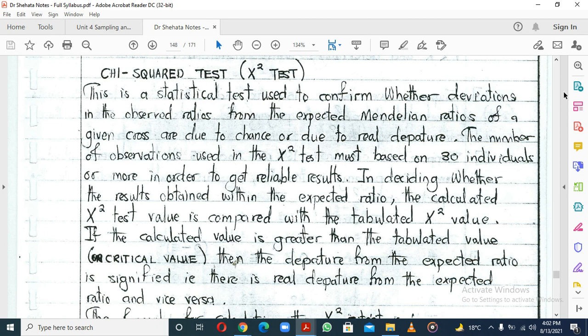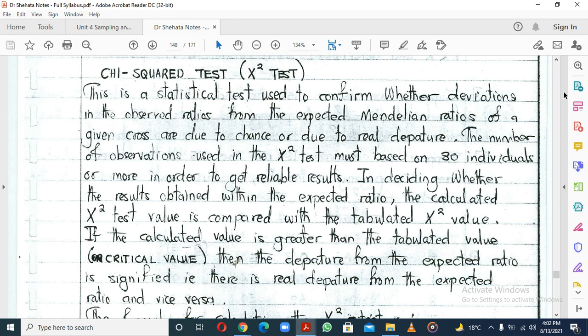So when we try to replicate these experiments, we may get certain deviations, right? But we don't just want to rule out and say this is correct, this is not correct. We want to have a logical way of doing things. Because of that, we use the chi-squared test to assess whether the results from our Mendelian crosses are in agreement with the ratios that Mendel found, or whether there is a significant deviation, right?